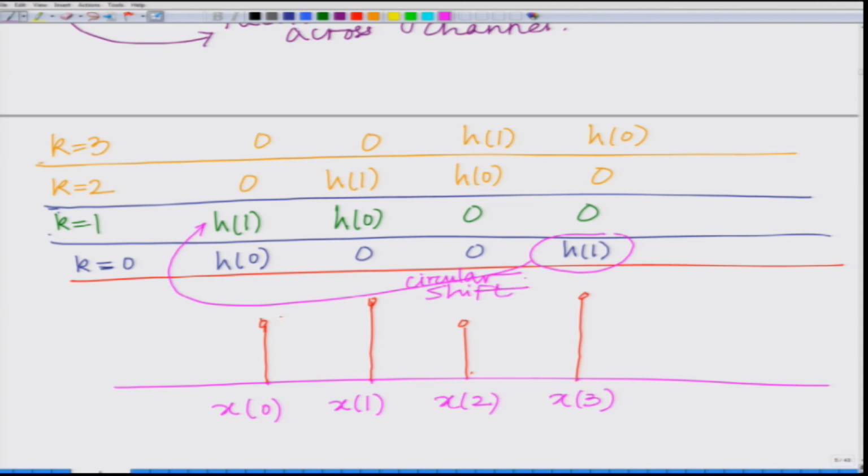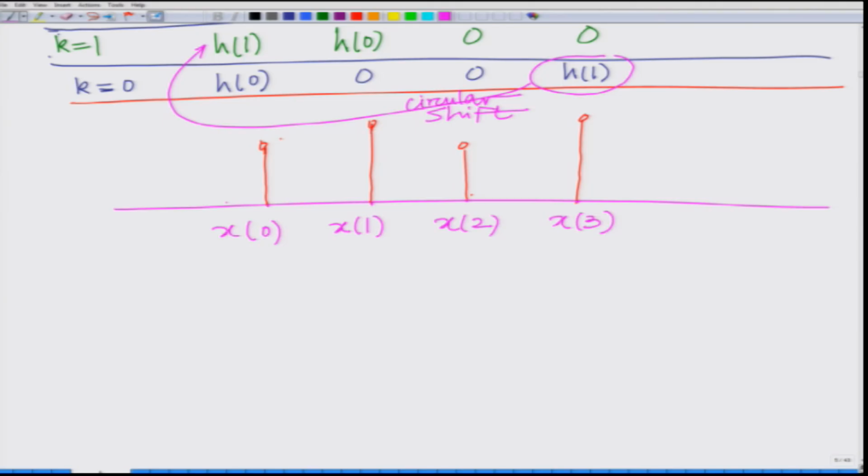h1 has circularly shifted to the left, h0 has moved to the right. In the next step both h1 and h0 have moved to the right, and so on. So, this is basically a circular shift of the channel filter over the symbols x0 and x1.